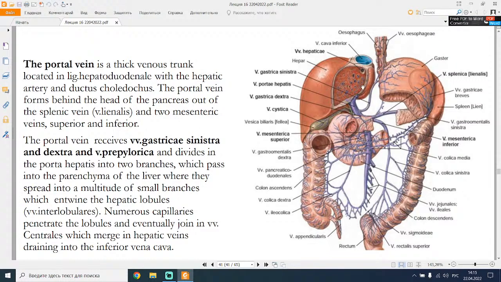Numerous capillaries penetrate the lobulus and eventually join in the vena centralis, which leads to the hepatic veins and drains into the inferior vena cava.